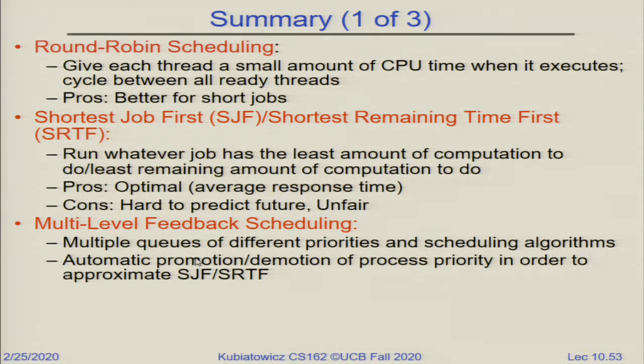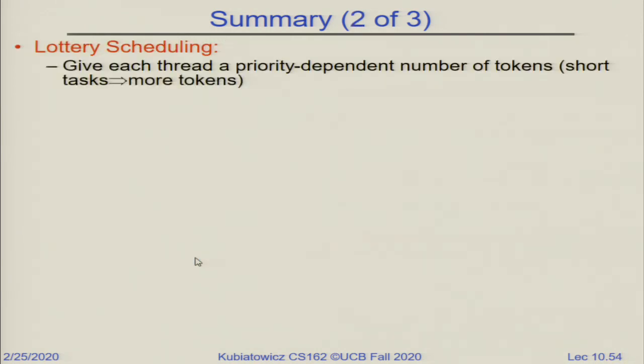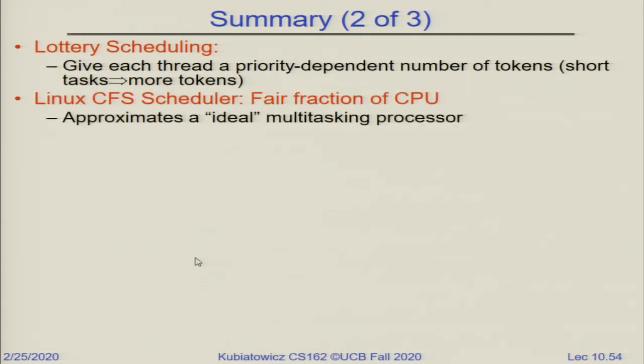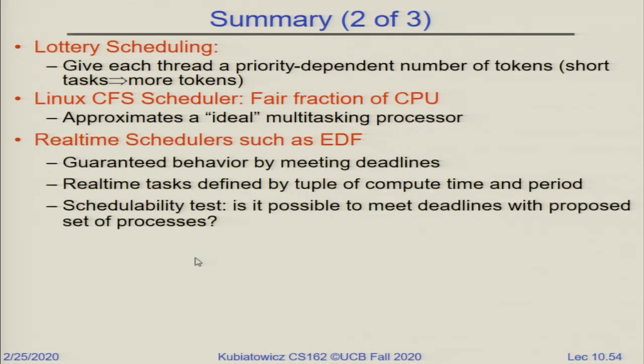I'm putting the short jobs up and the long jobs down, and it gives me kind of an approximation, right? We talked about lottery scheduling, where it's a type of fair queuing almost, where we're giving lottery tickets to each task. We talked about the CFS scheduler, which is active use with all you right now, which is a form of fair queuing. And we started talking about real-time schedulers such as EDF, guaranteeing behavior by meeting deadlines.